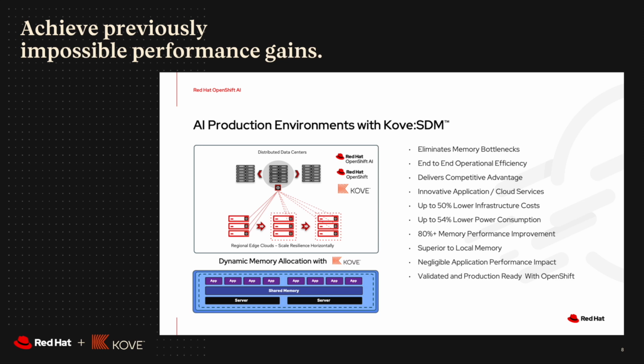But what I think is even more interesting is what happens with AI workloads when you combine OpenShift AI with Kove, when you have a development and cloud platform that enables you to do hybrid cloud deployments in conjunction with a memory management technology like Kove's. The performance increases, the power savings, all these things have been very well documented by Red Hat in the lab.